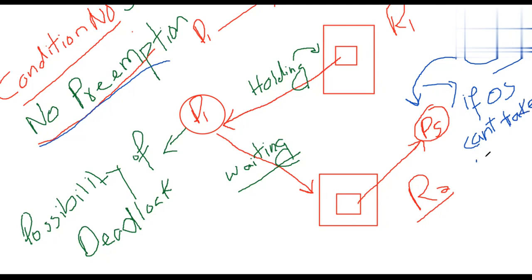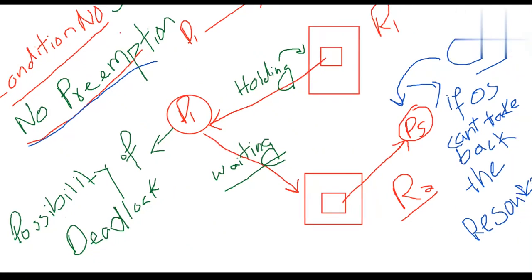So when it cannot take back the resource, it means the operating system has no preemption capability, okay? And P1 will be in the deadlock situation. P1 will be in the deadlock situation. Is it clear?